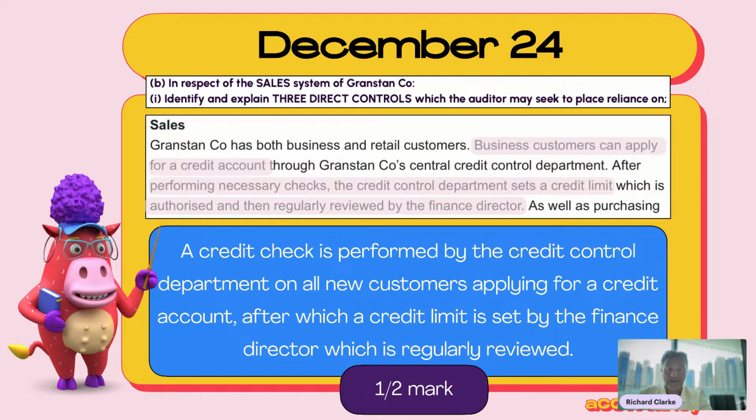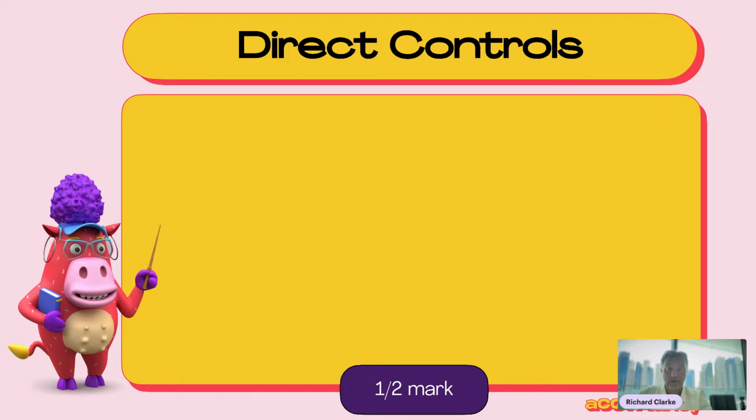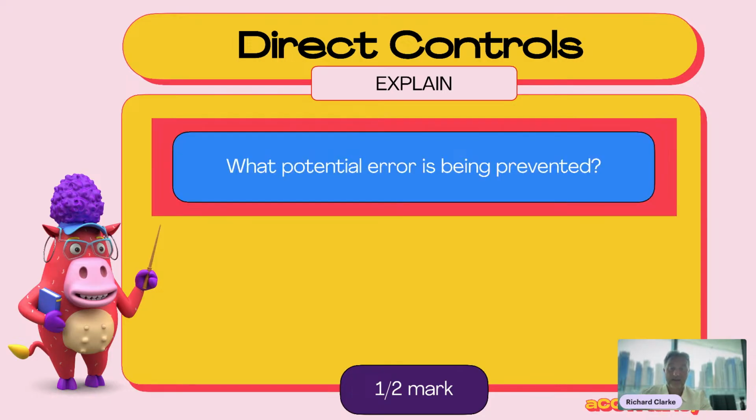That's the identification. What we've now got to go and do is the explanation. So when you come to explain a direct control, you've got to ask yourself, what potential error is being prevented? I.e., why is this control there?